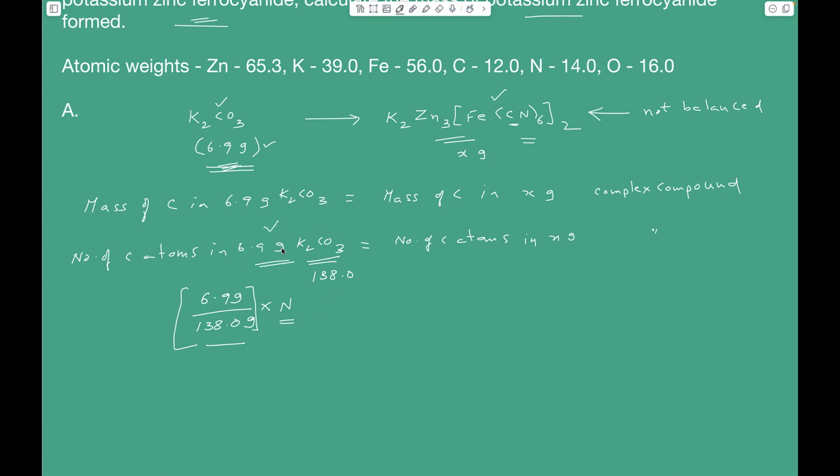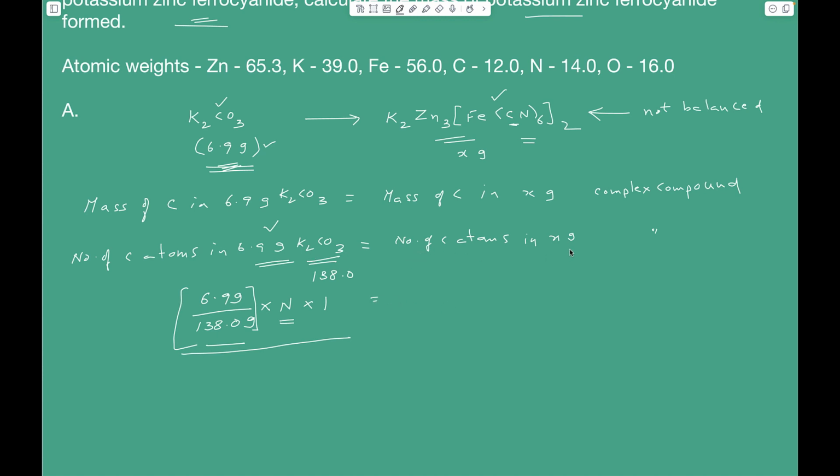Now in each formula unit there is one carbon atom. So if you have so many formula units with each formula unit containing one carbon atom, to get the total number of carbon atoms, you have to multiply this whole thing with 1. So this is the expression for the total number of carbon atoms present in 6.9 grams of potassium carbonate.